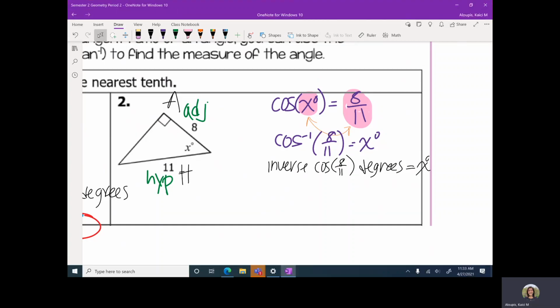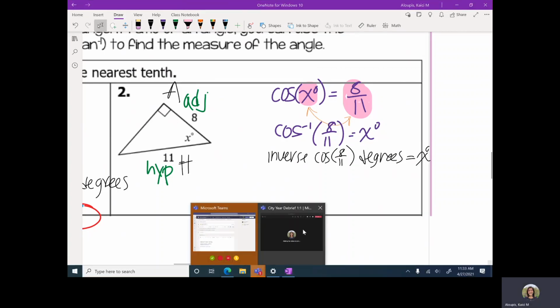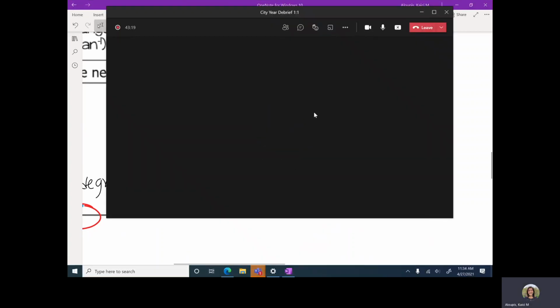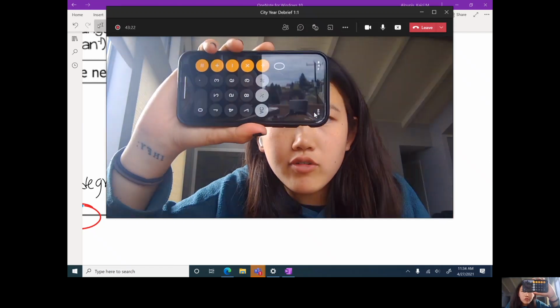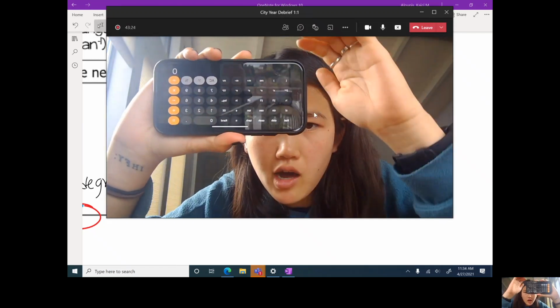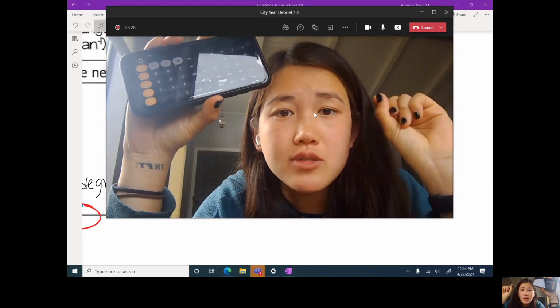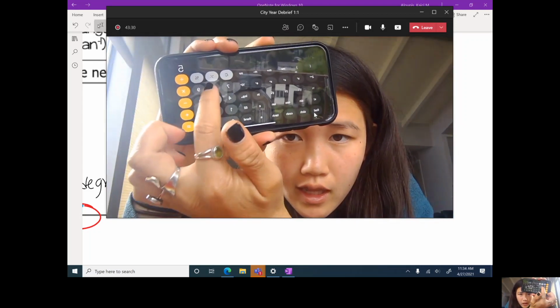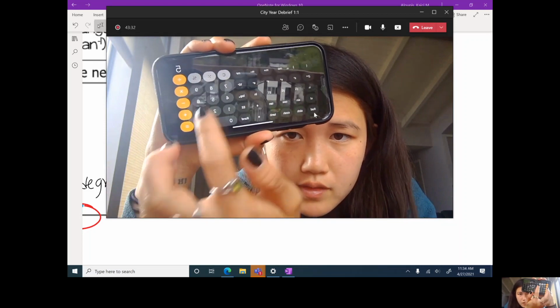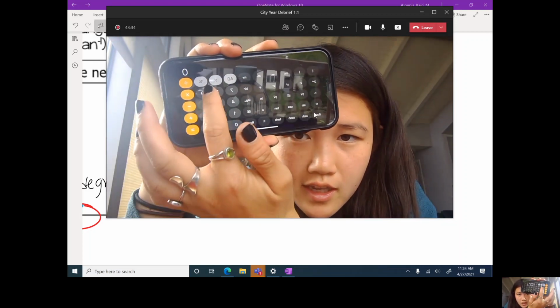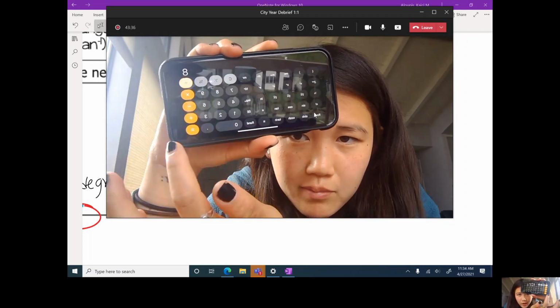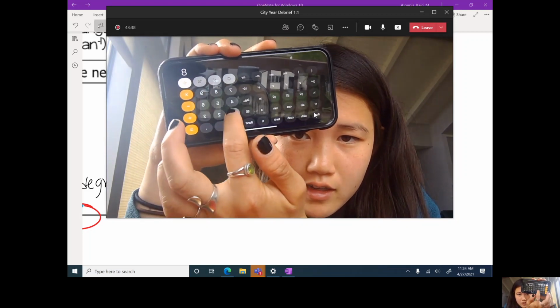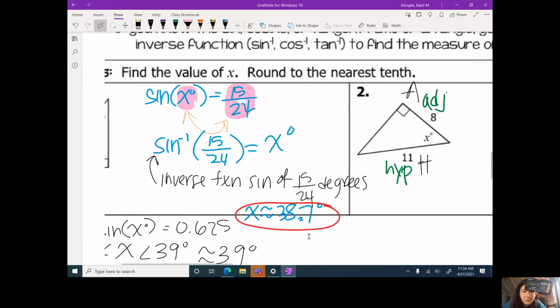Here I am. Remember, rotate your phone, be unlocked. What you have to do first is put in the ratio first. So I'm going to put in 8 divided by 11, because that's the ratio we have, right?